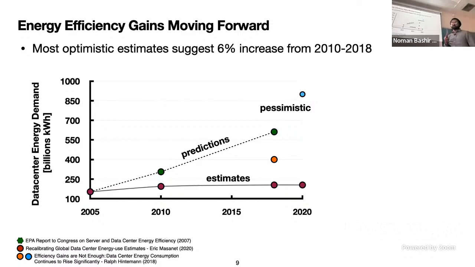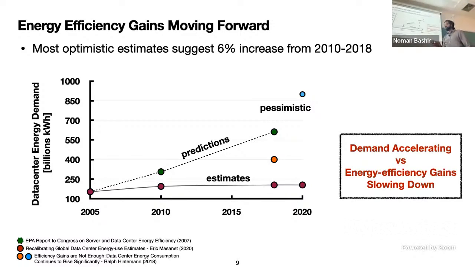There are two things to observe. First, despite all of these massive gains in energy efficiency that we have seen over the last few years, even the most optimistic estimates suggest that demand grew by some percent. Second, if these estimates are not correct, it increased massively.